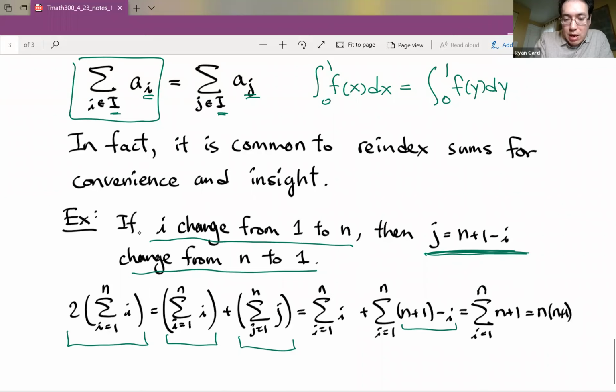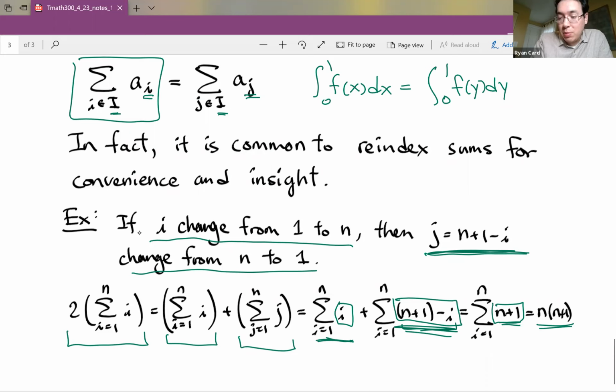If you're adding i from 1 through n, and adding n plus 1 minus i from 1 through n, you could do these summations together, right? You could do i plus n plus 1 minus i. In fact, if you add these two things together, i and negative i cancel out, and we're just adding n plus 1 where i is changing from 1 through n. The summation no longer depends on i whatsoever. You're just adding n plus 1, n times. So the sum should be n times n plus 1.